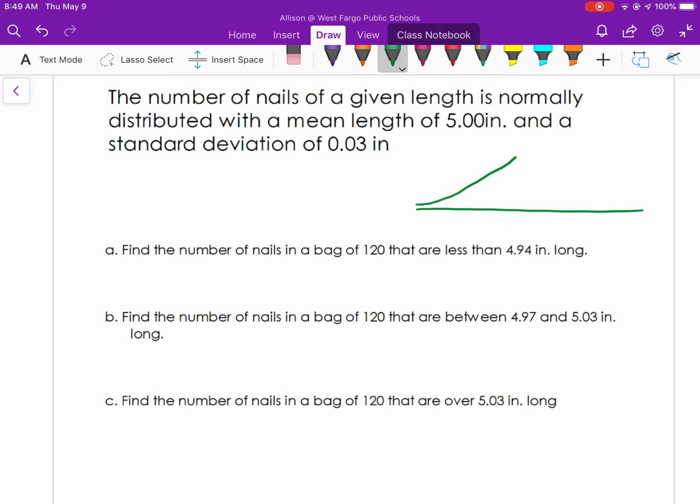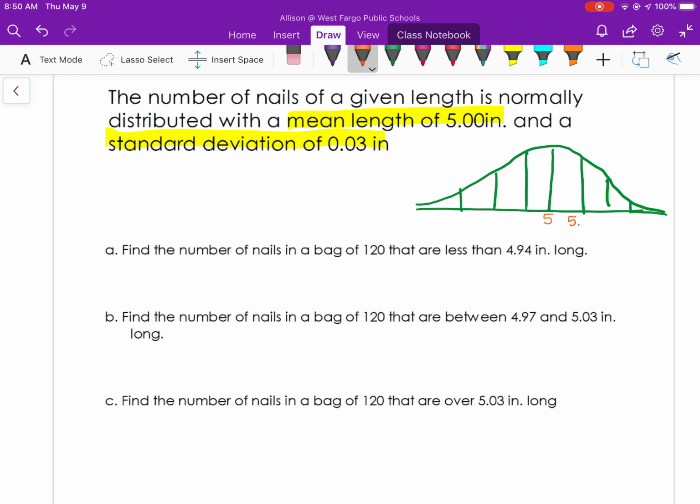I'll put my middle right here, and then 1, 2, 3, and then 1, 2, 3. The mean length was 5 inches, and it had a standard deviation of 0.03. So 5 inches goes in the middle here. And then I'm adding 0.03 to the right.